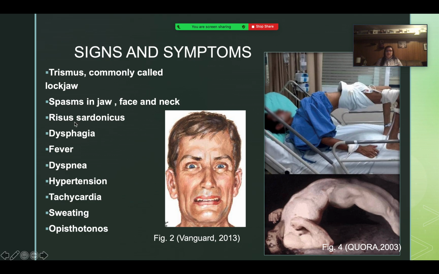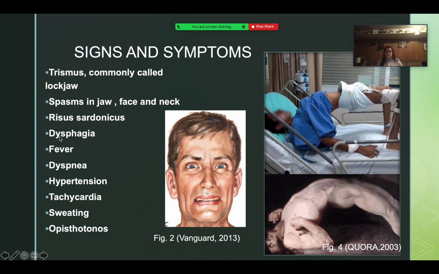Also, the typical characteristic of tetanus is risus sardonicus, also called rictus grin. It is highly characteristic in tetanus, where a spasm of the facial muscles occurs.